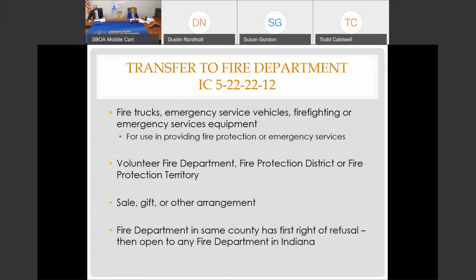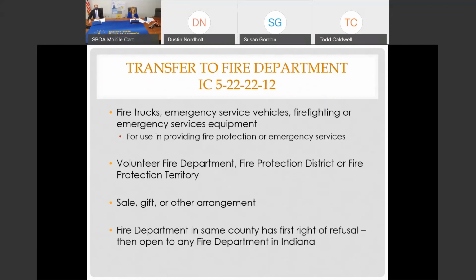There are provisions for transfers to a fire department. So fire trucks, emergency service vehicles, firefighting or emergency services equipment that's for use in providing fire protection or emergency services. That's all subject to this statute.